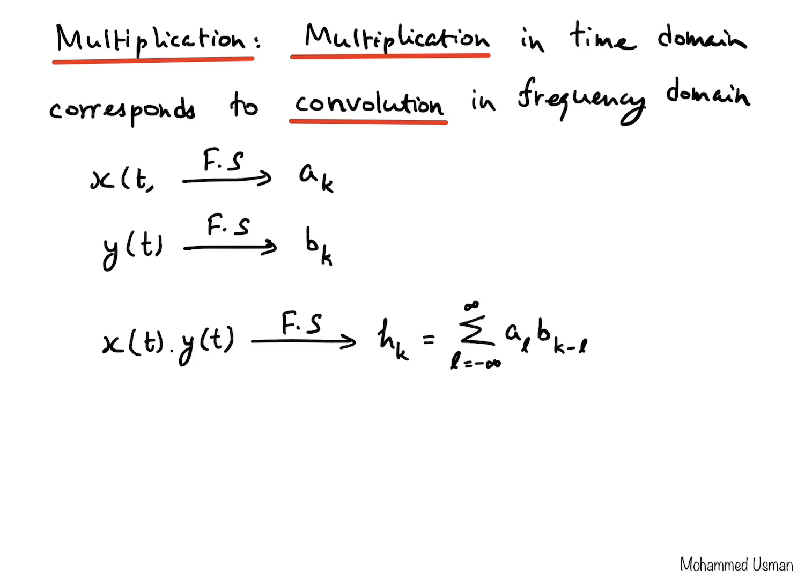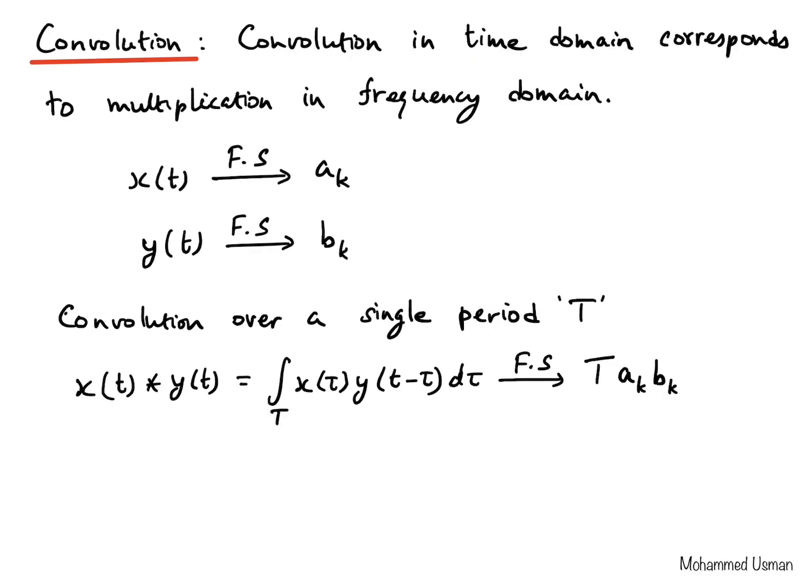So basically, multiplication in the time domain is equivalent to convolution in the frequency domain, and the opposite is also true, and that is the next property that we are going to see. Just as multiplication in the time domain is equal to convolution in the frequency domain, convolution in the time domain will become multiplication in the frequency domain.